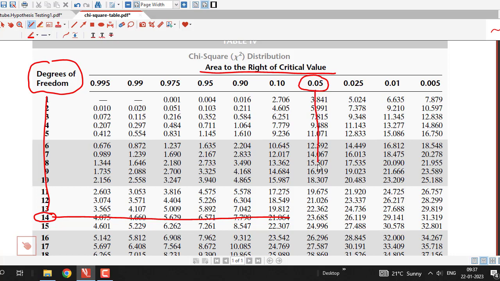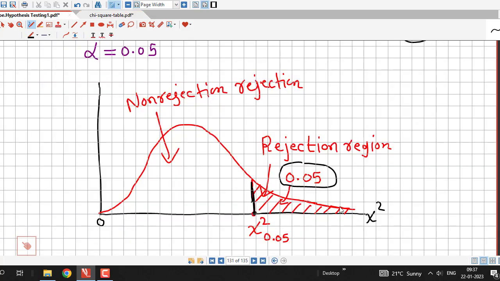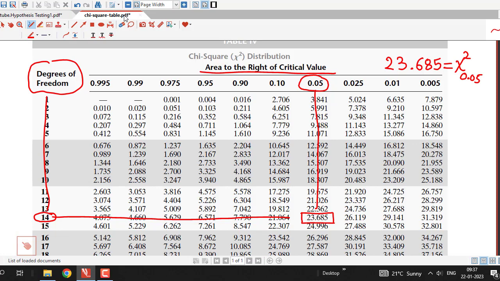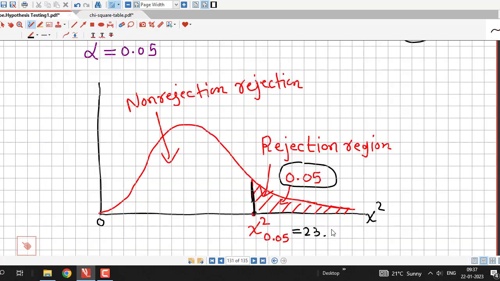Here also we go down up to this 14 degrees of freedom row, and we find that chi-square critical value is 23.685. This is chi-square critical value for alpha equal to 0.05 and 14 degrees of freedom. So now we write that this is nothing but 23.685.